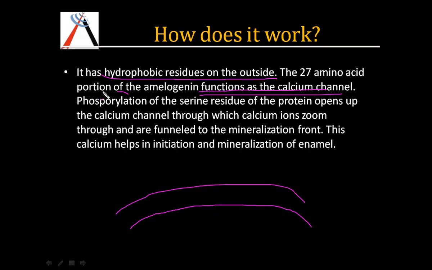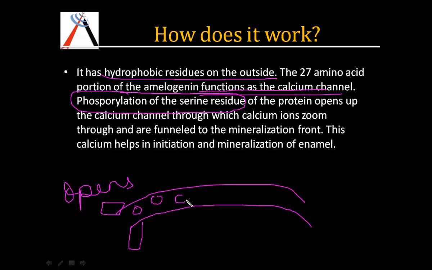When there is a phosphorylation of the serine residue, that is one of the amino acids in the amelogenin protein, it leads to opening up of this calcium channel. And as soon as this calcium channel opens, the calcium ions zoom in through this channel and are funneled to the mineralization front in the tooth.